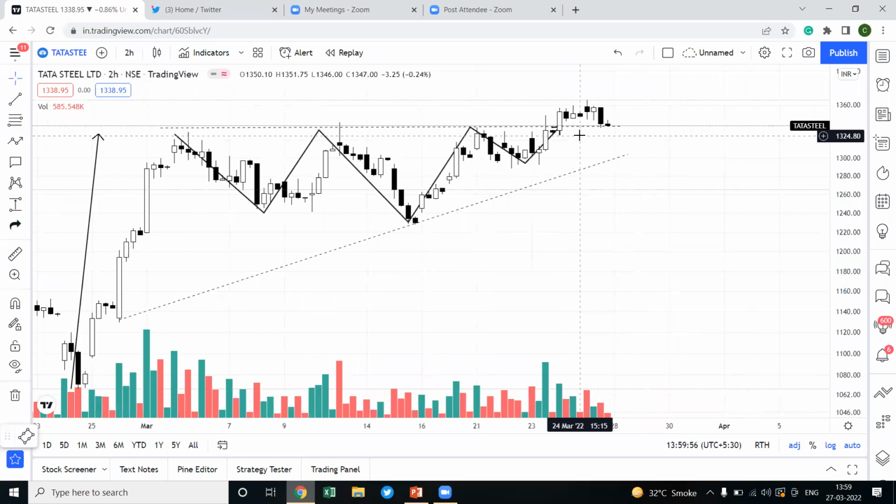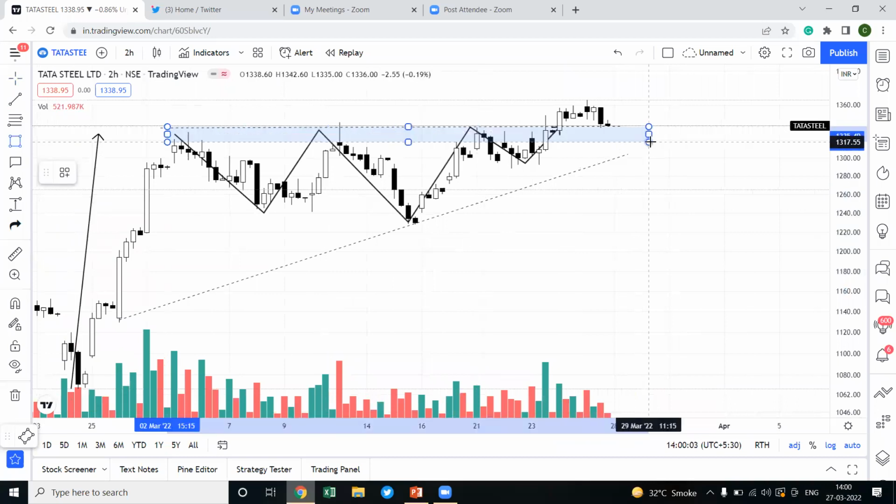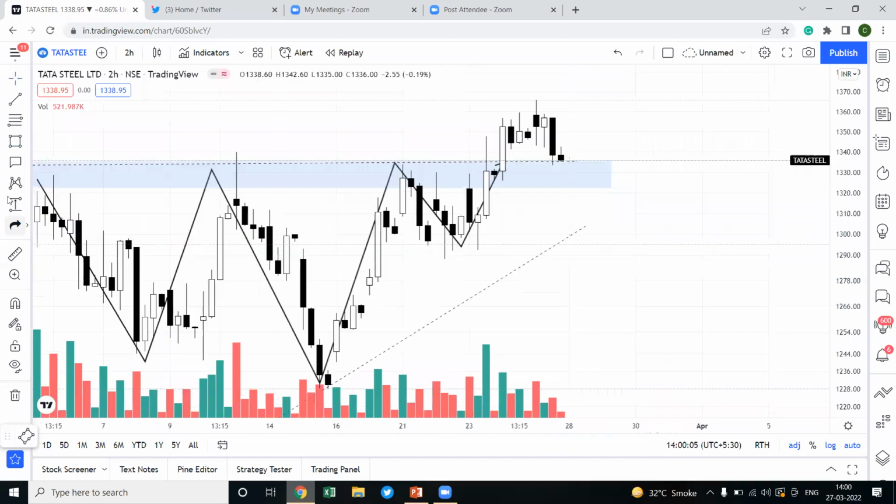So ideally speaking, 1325 should not be broken. So you can look to enter this particular stock at the retest zone. Currently it is retesting its breakout area, and the ideal way to keep a stop loss is below the left hand shoulder. So this will be the particular stop loss, because you have to give some room whenever you enter a particular pattern.